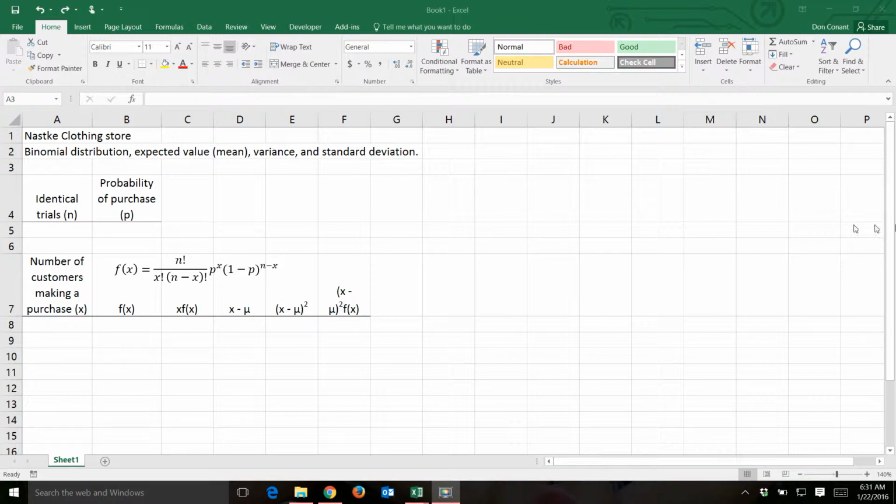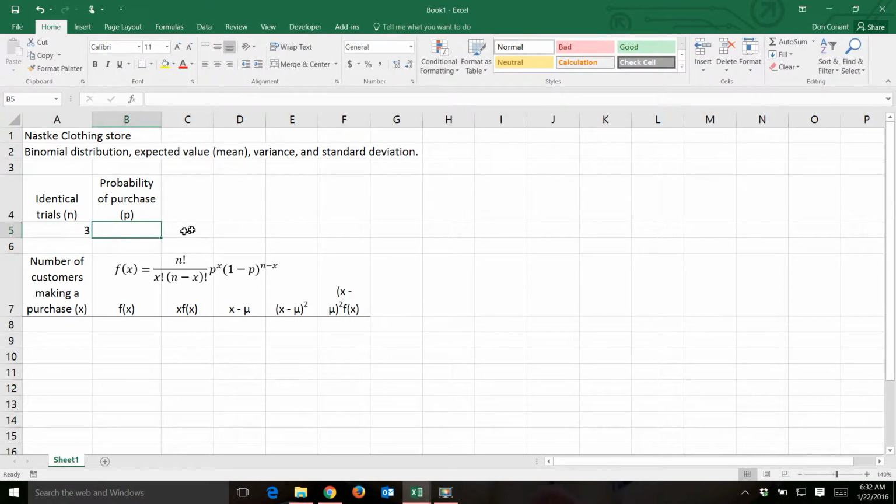So we're going to do 3 trials. If you don't have your worksheet set up like this, go ahead and set it up. You can leave this equation out if you'd like. I put it in here just for our reference. It's the equation that's in the text to calculate the probabilities in a binomial distribution. We have the number of identical trials, or n, which in this case is 3.